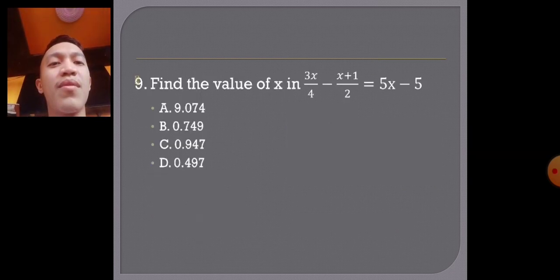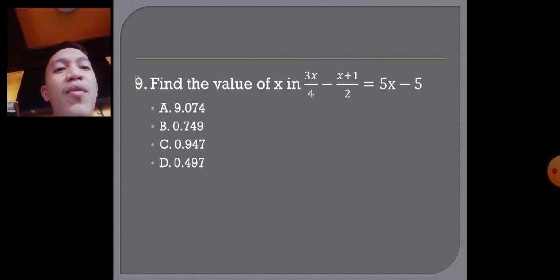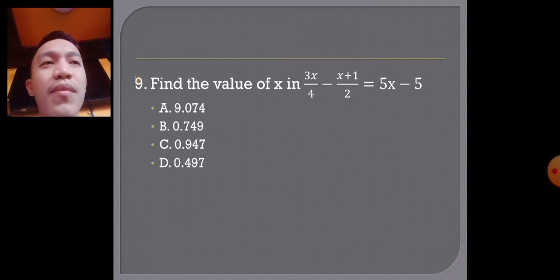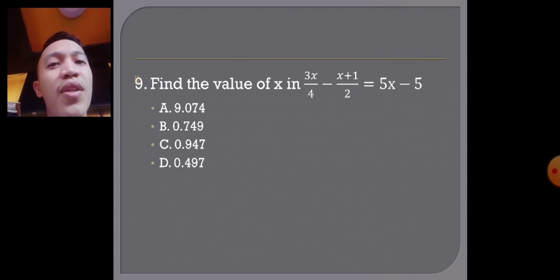Now, find the value of x in 3x over 4 minus x plus 1 over 2 is equal to 5x minus 5. Again, if you know how to solve that by computing it on your own, through solving it on paper, you can solve that in that way.